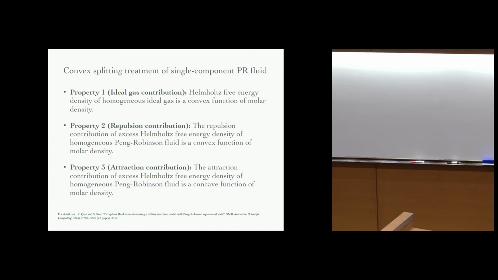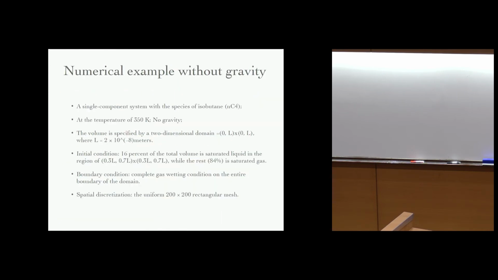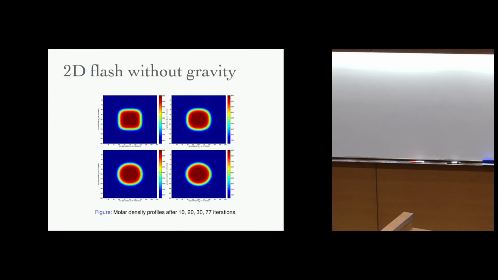We can treat the ideal gas contribution and repulsion implicitly, and then treat the attraction contribution explicitly, so that you can have an unconditionally stable algorithm to solve the transient problem for this multi-component two-phase system.